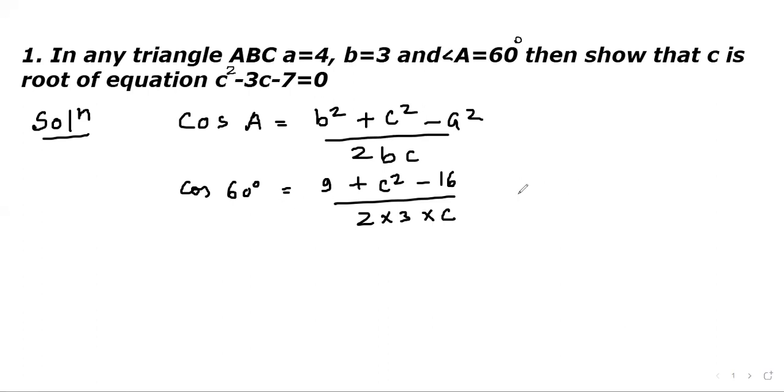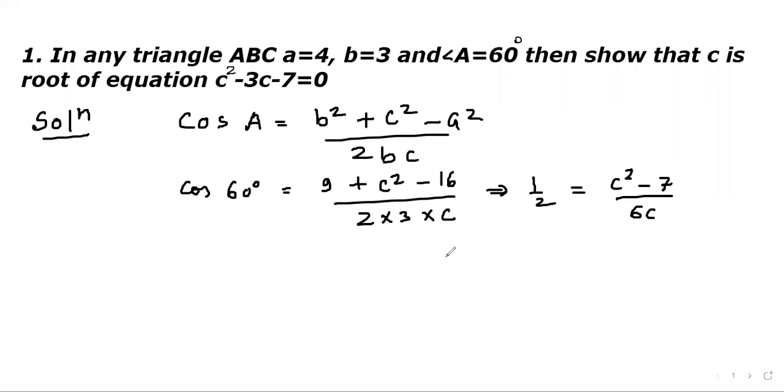Now cos 60 degrees equals 1 by 2, equals (c² - 7) divided by 6c.